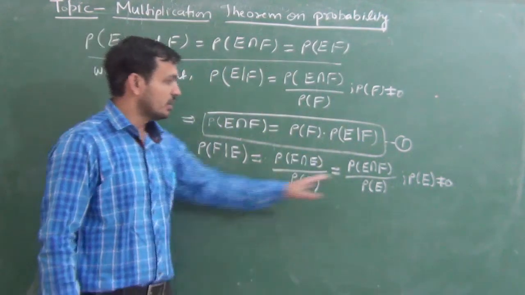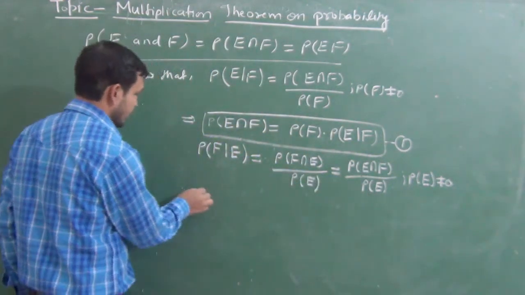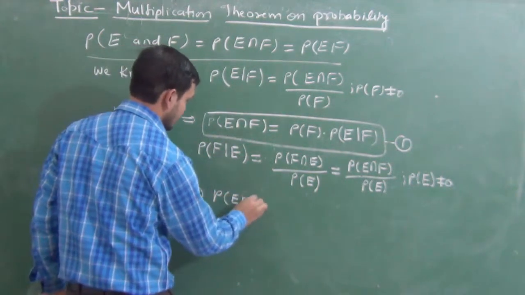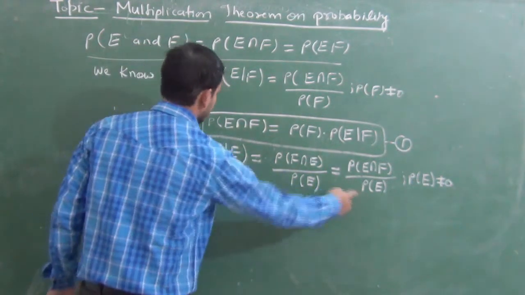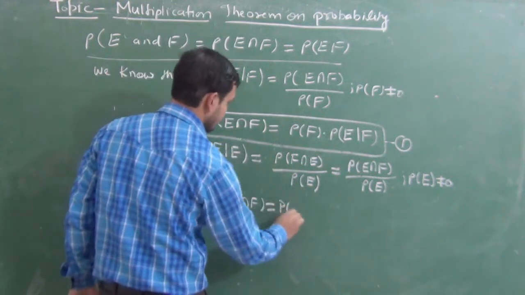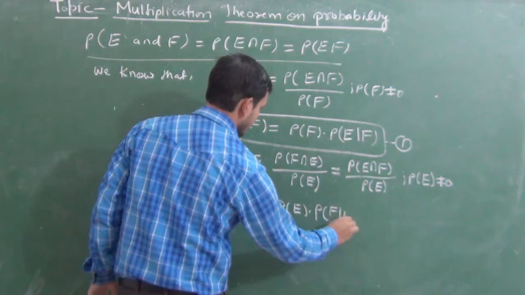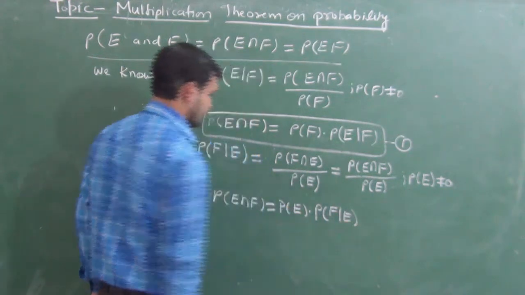And from here we can get the probability of E intersection F is equal to probability of E into probability of F when E has occurred.